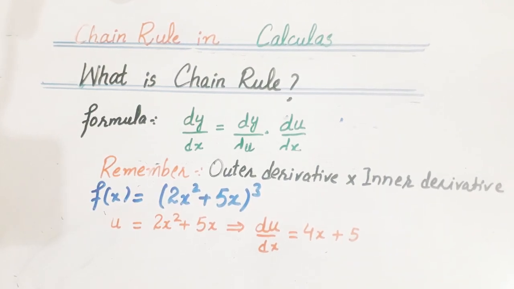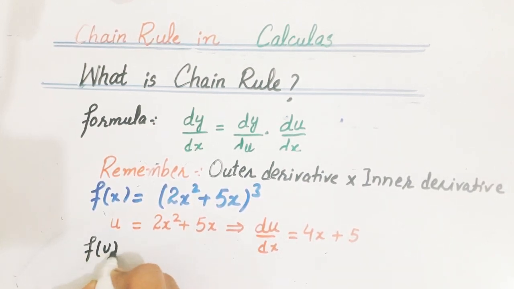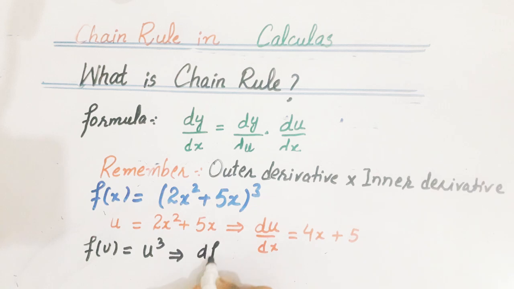Now the outer function is f of u equals u cube. So differentiate this, df by du equals 3u square.